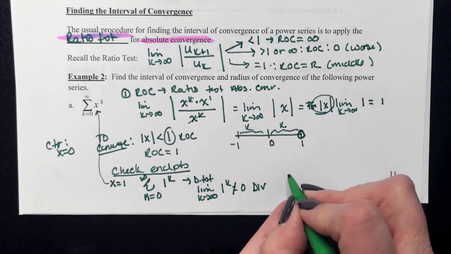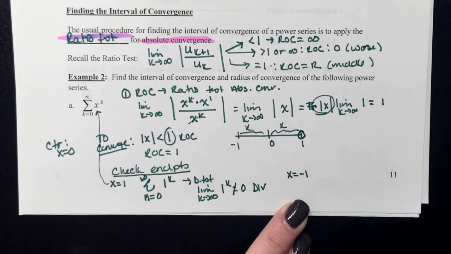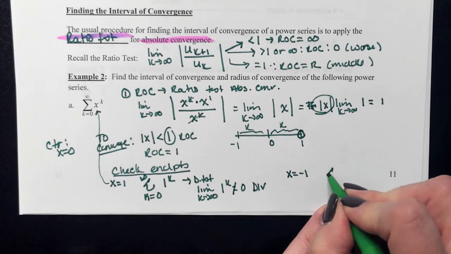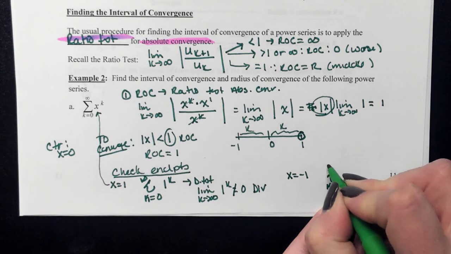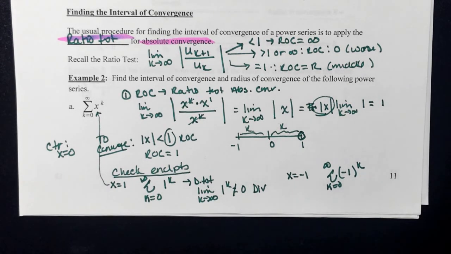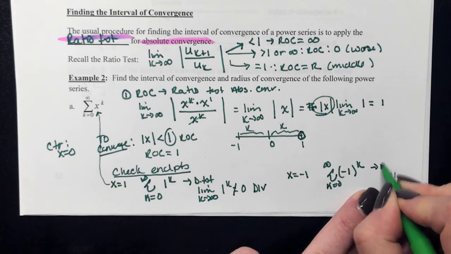Now we need to check x equals -1. Again, I'm going to take -1 and plug it into this series. So I have -1 to the k. What test is going to be a pretty obvious one we're going to start with? Is this an alternating series? Yes. So we can check the alternating series test.